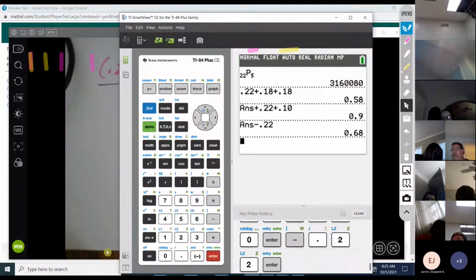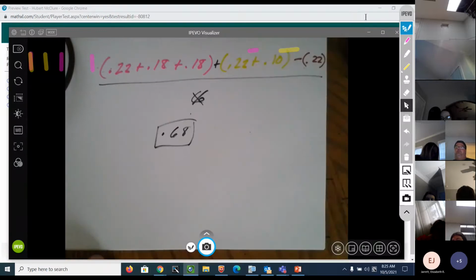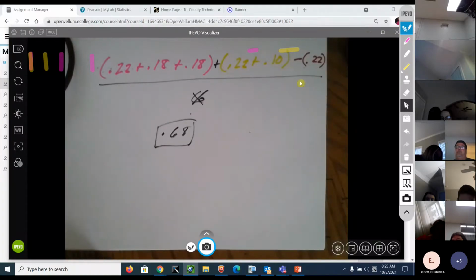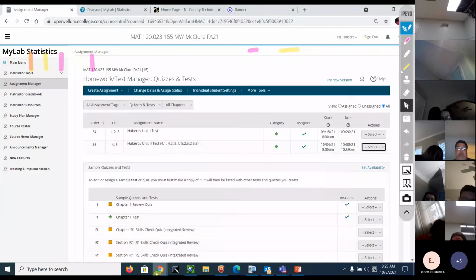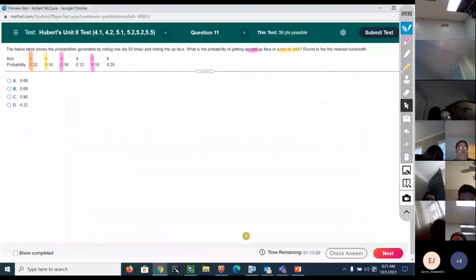I get 0.68. So since we've already got probabilities, we don't need the 6. Should be 0.68. Let me find the test again. There we go. 0.68 should be B.